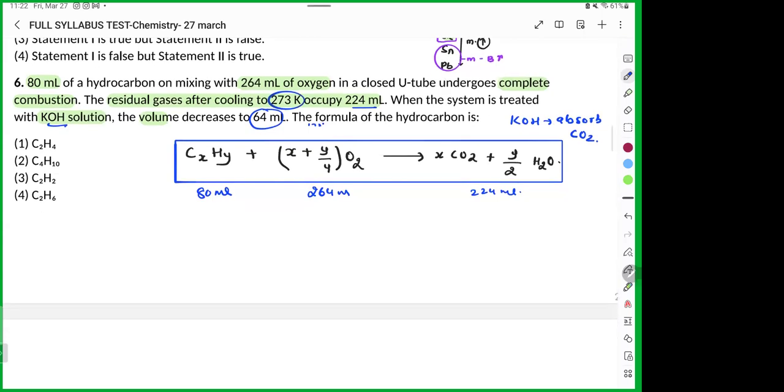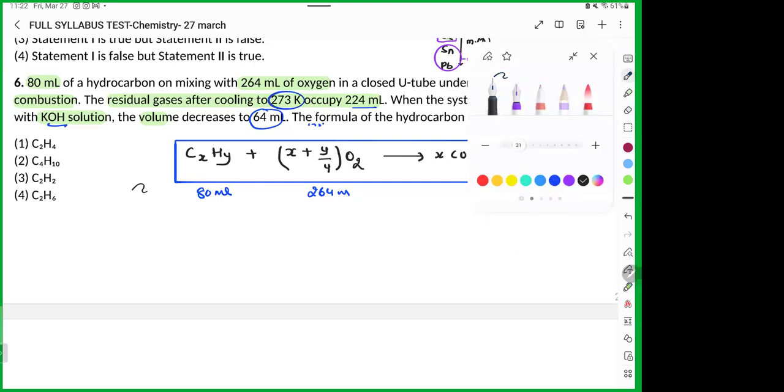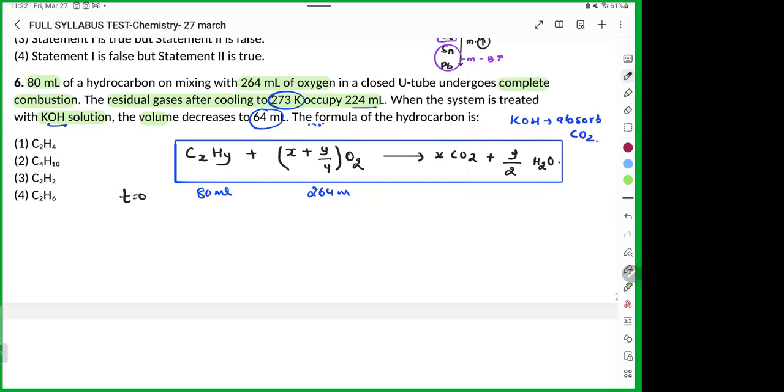So, can you say in this situation at time 0, there were hydrocarbon and oxygen only and no CO2 was present in the beginning. After some time, out of 80 ml, it will produce the same number of moles of CO2.